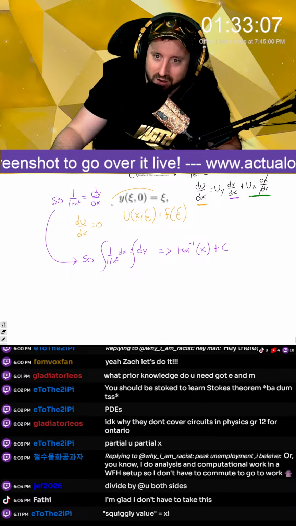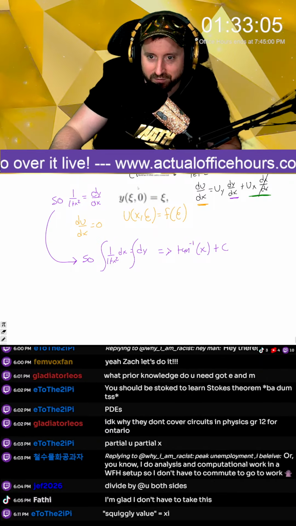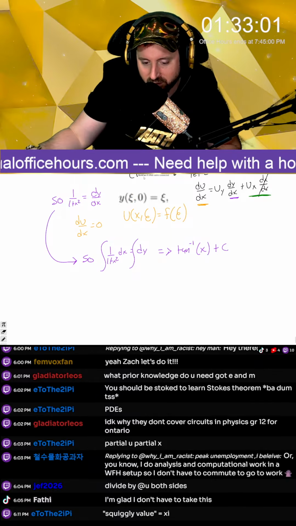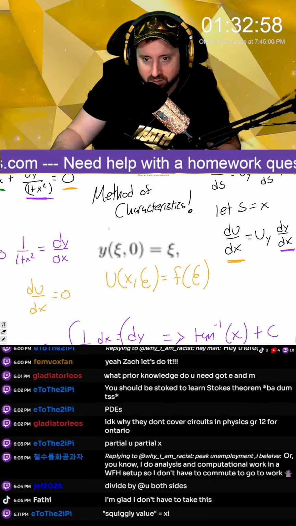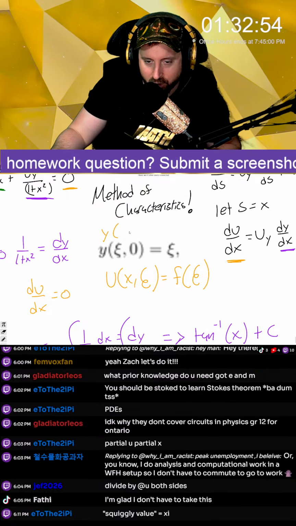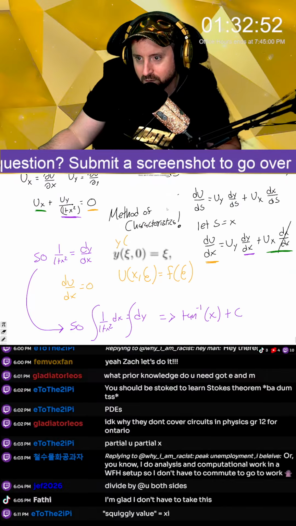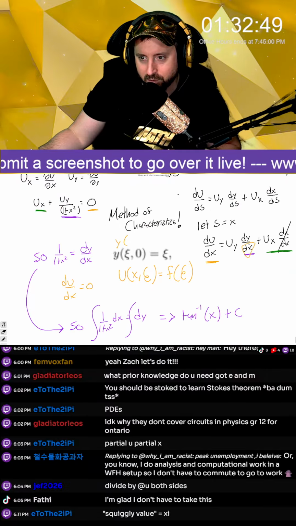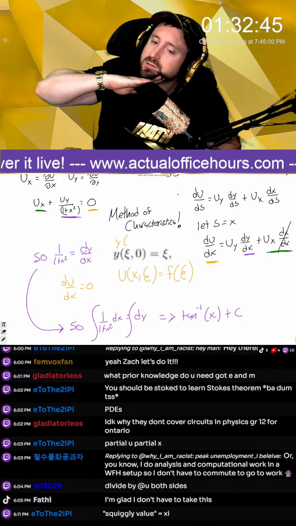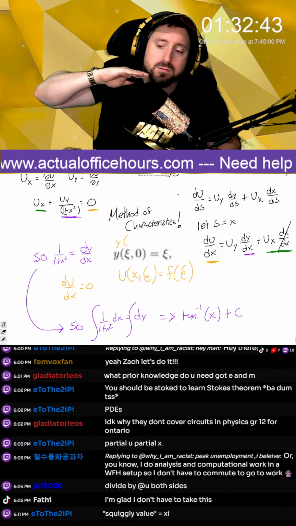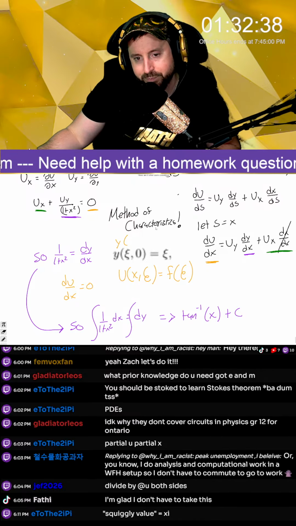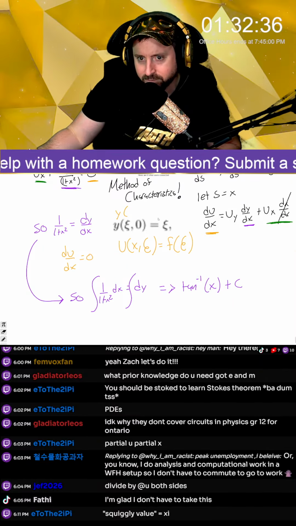Y is a function of two different things here, right? So what are these variables representing? What is y a function of? Y is certainly a function of x for sure. I think y is a function of x and u maybe?